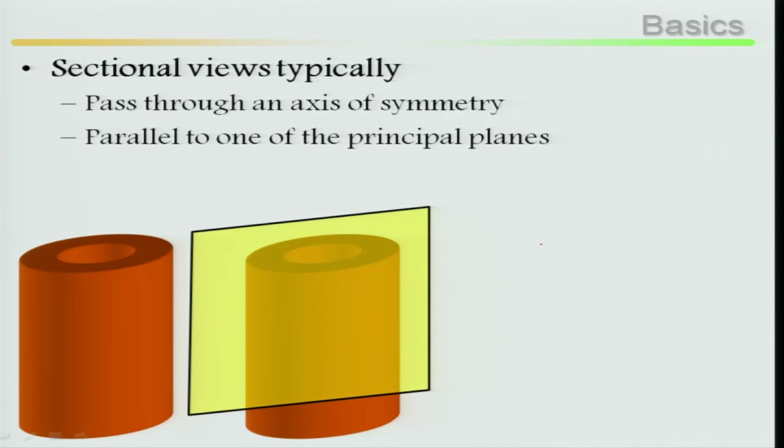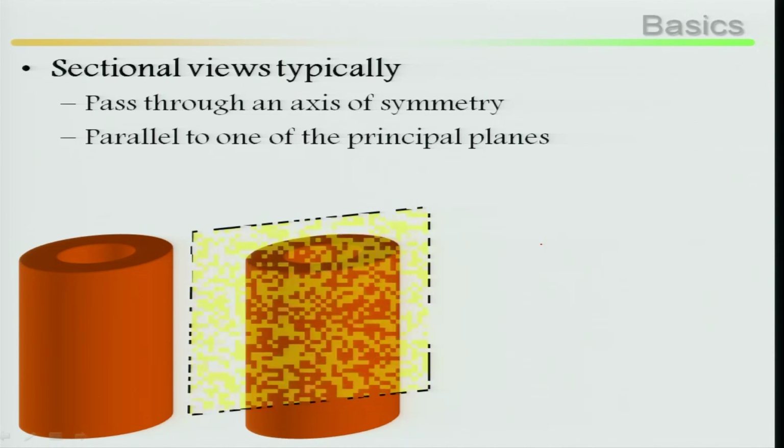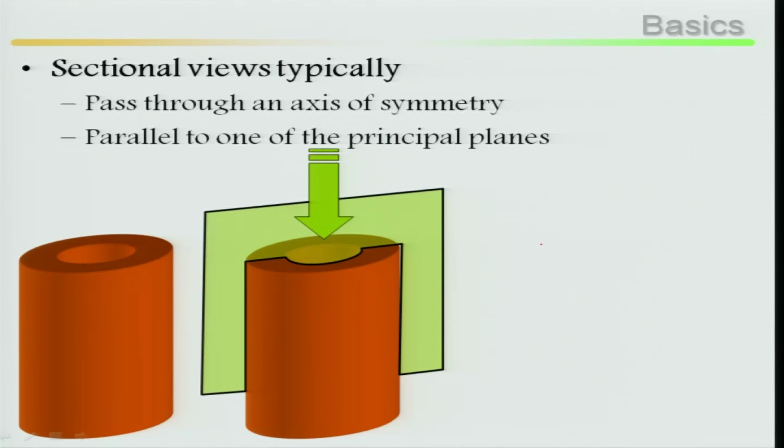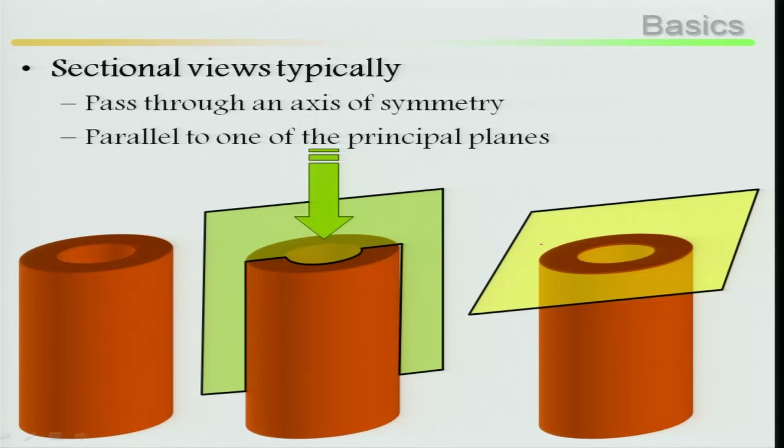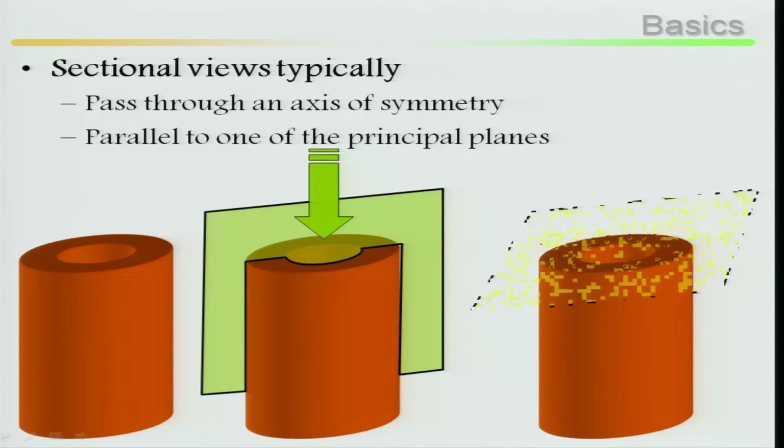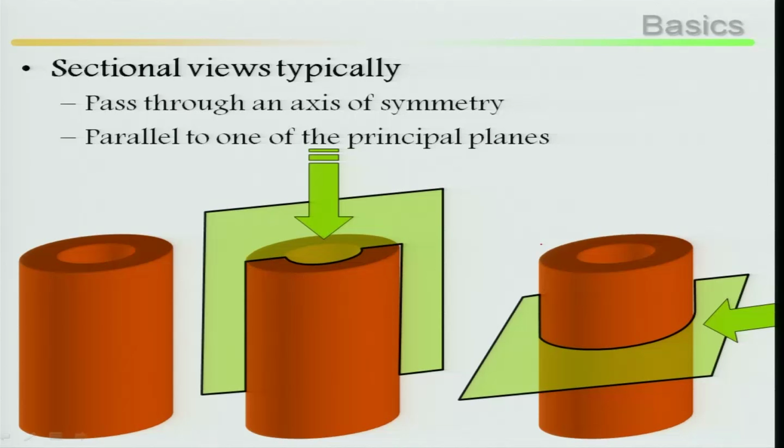If I am looking from here, frontal plane, otherwise you can say x, y or z, then this is your top view, front view. That means you cut it longitudinally, make it two parts, so that you can see in the front face what is inside. Then at the top you can cut it, or maybe at the middle. So, parallel to one of the principal planes.